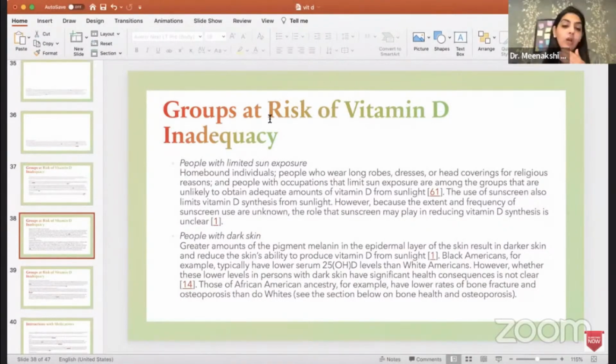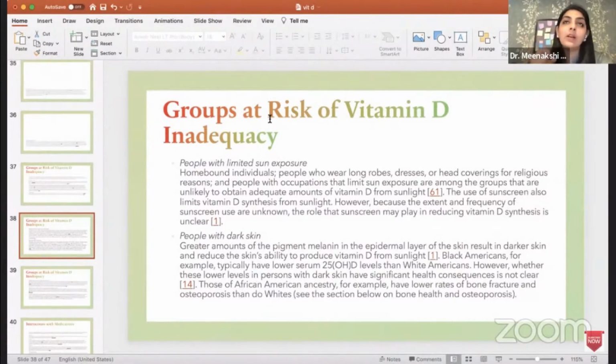Okay. So now again, this is something that I had discussed yesterday. People who have darker skin have greater amounts of this pigment called melanin in their bodies, and that will reduce the skin's ability to produce vitamin D from sunlight.